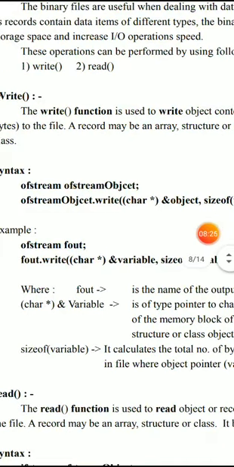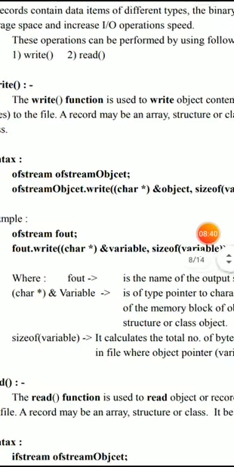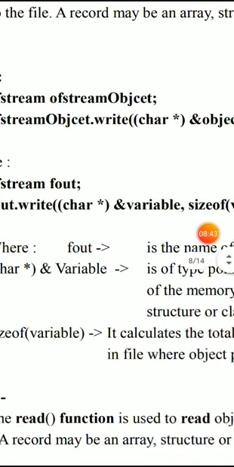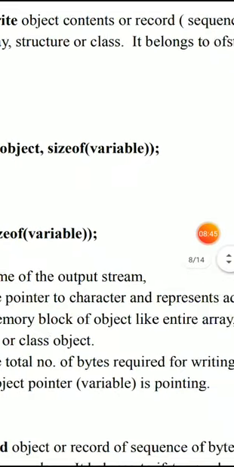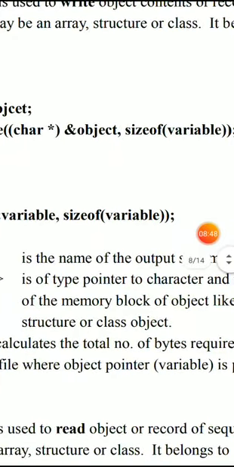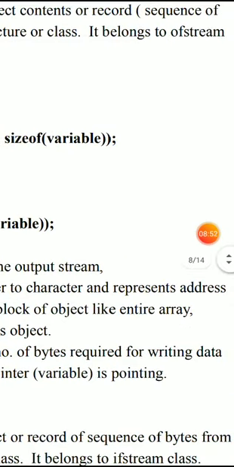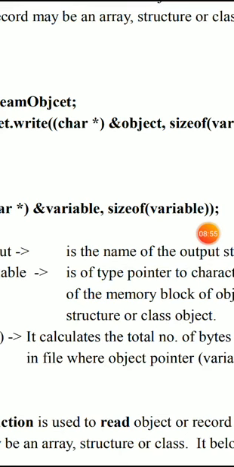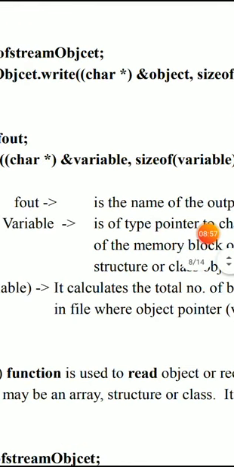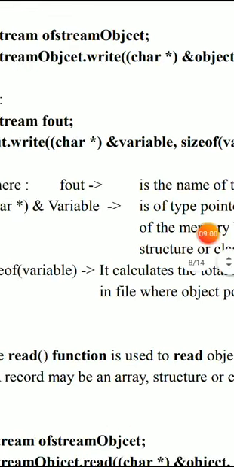In this syntax, fout is the file output object which is used to write a record in a specified file where fout is pointing. Then char star and variable is a type of pointer to character, and it represents the address of a memory location where the object, like an entire array, structure or class, or information about a record, is placed.